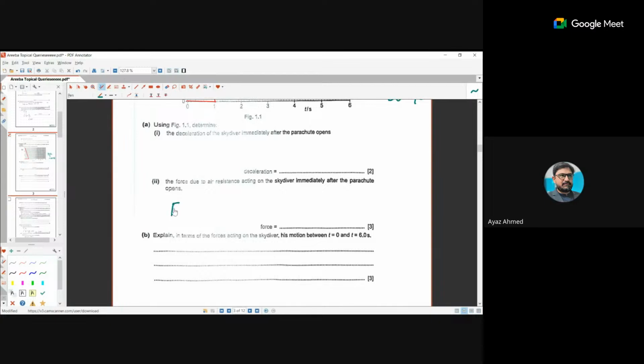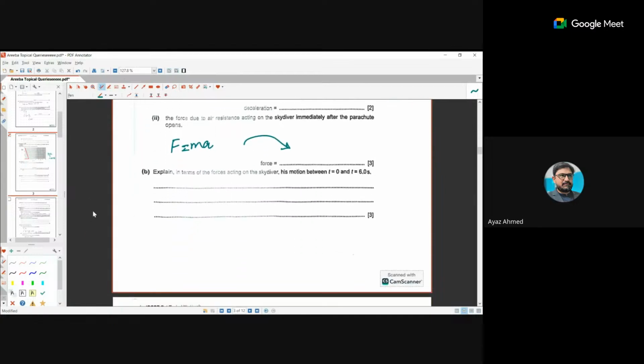Okay, then we will go for the force. So force will be equal to m times a. The mass is given to you. So by using this formula, you can calculate the force. Got it? Then there was an explanation that I gave you: explain in terms of the forces the skydiver's motion between time t equals 0 and 6 seconds.